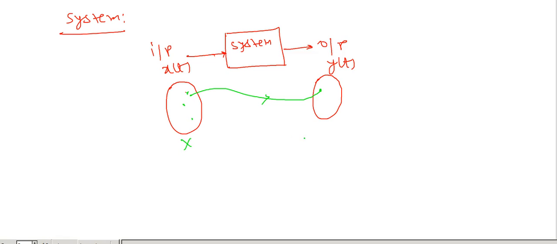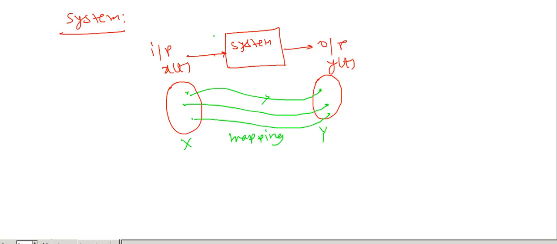So this is set x and this is y. So it takes values and maps them to different values in y. Okay, so this is a mapping.